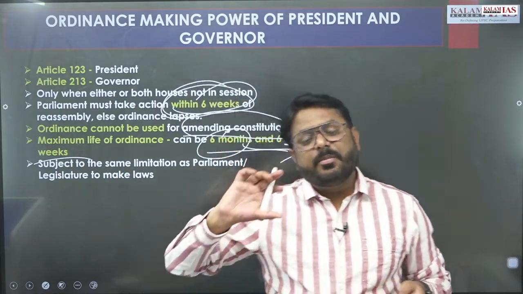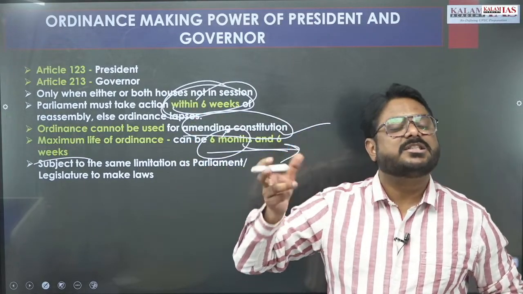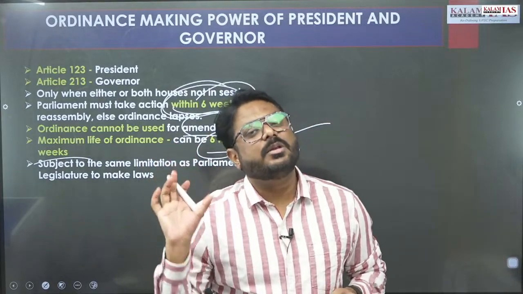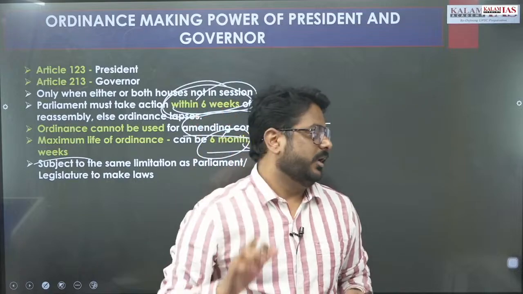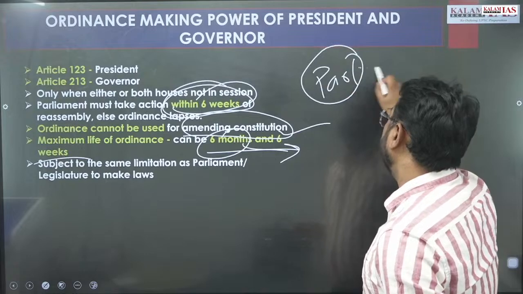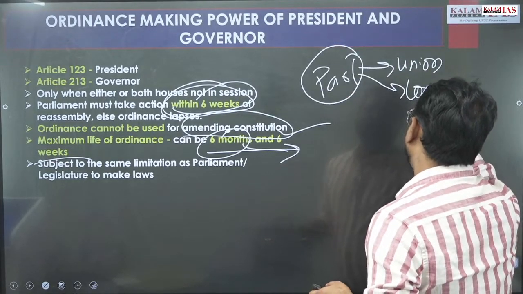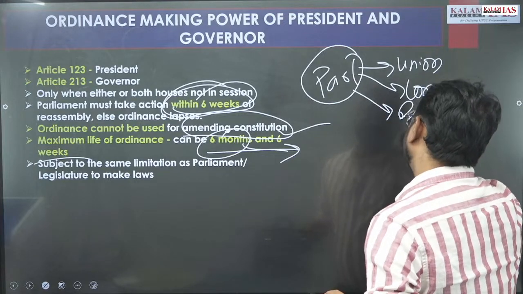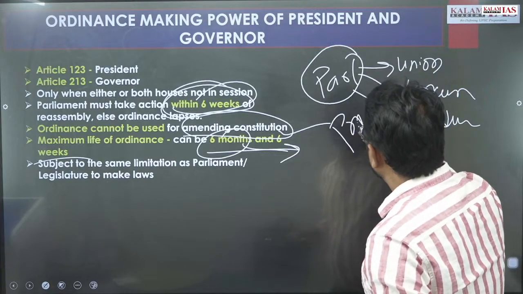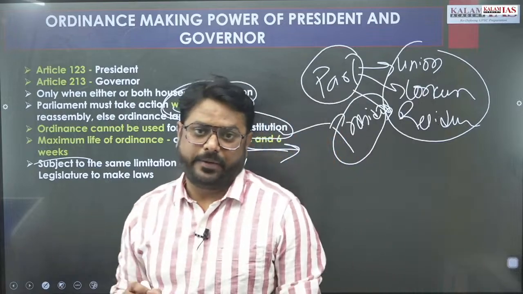And whatever the limitations and subjects are there for the Parliament, the ordinances will be issued on those subjects only. For example, the Parliament can make laws on the union list, concurrent list and residuary matters. So the President can issue ordinances on all these things only.